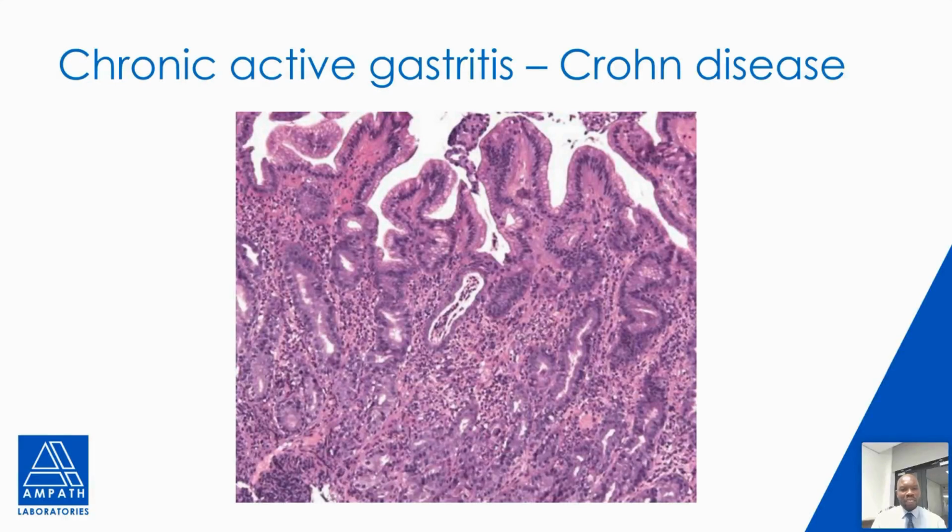In about a third of patients, you may find granulomas as well, but due to sampling errors, those are not always identified on small biopsies. But in this instance, Crohn's disease should be considered as a possible underlying cause for the gastritis in this particular patient. Some histiocytes may be present in the lamina propria as well.